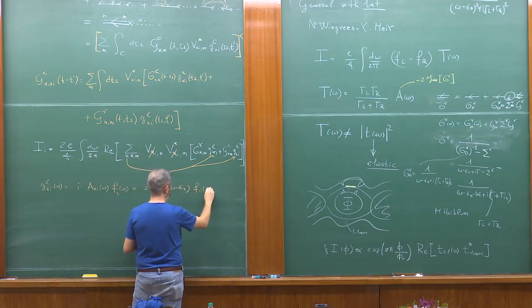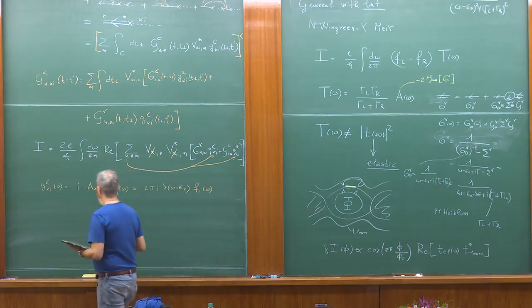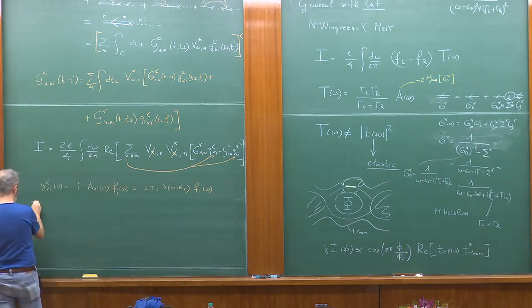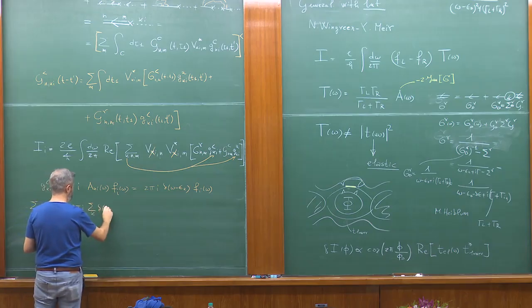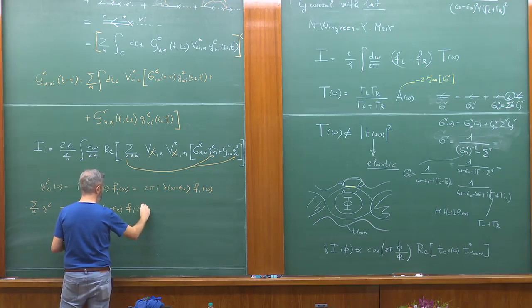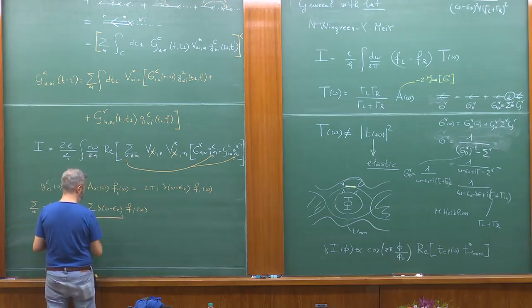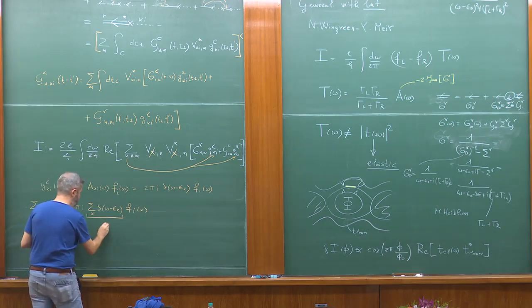Therefore the sum over k of G lesser is 2 pi times the sum over k of delta of omega minus epsilon k times f I of omega, and this is nothing but the density of states.